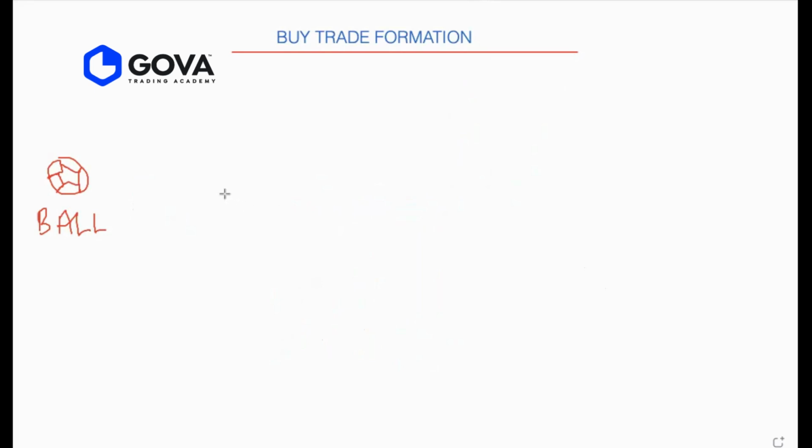So in a clearer way, let us assume that this area here is the roof. The roof, or supply, can also be called the supply area.